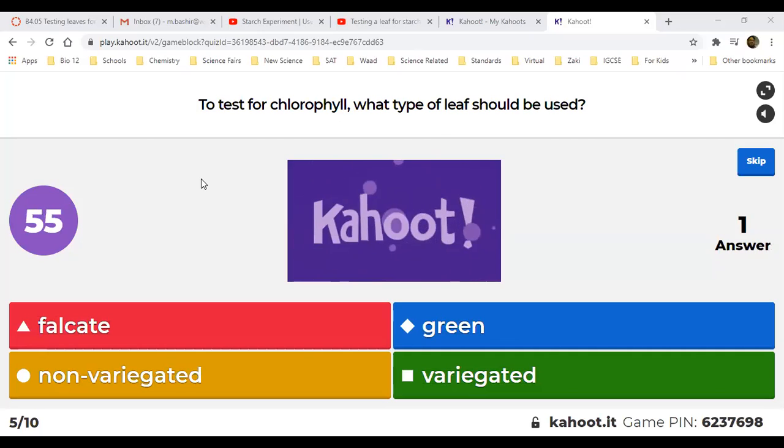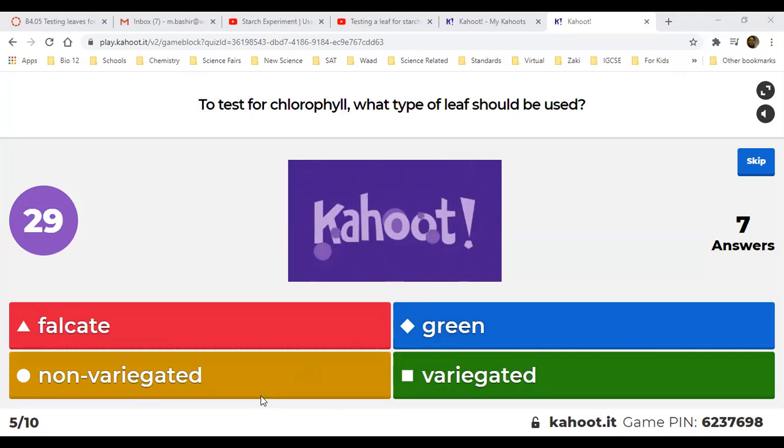So to test for chlorophyll, what type of leaf should we use? Non-variegated, and variegated means it doesn't have any veins. Green and variegated. So this question is inappropriate for you guys. I don't recommend this to be a correct answer for all of you.